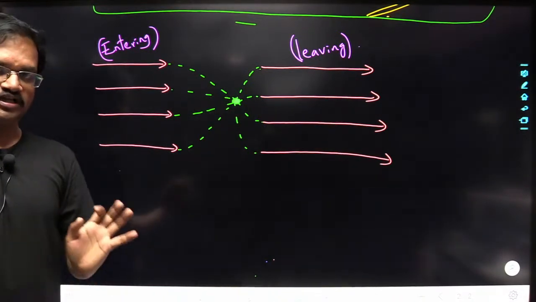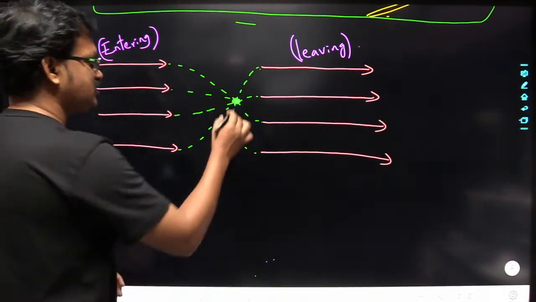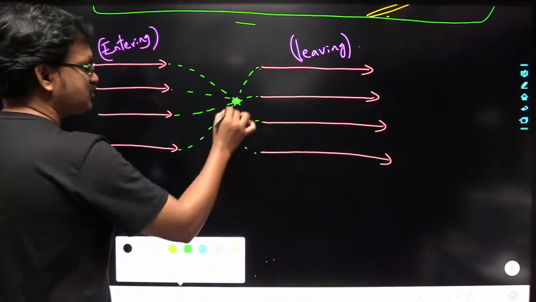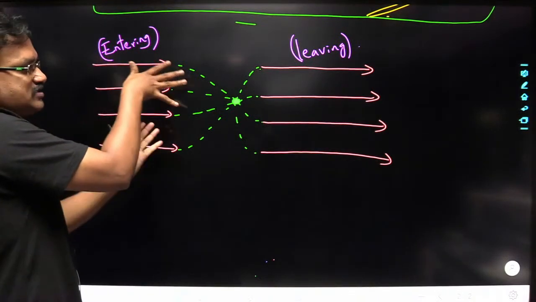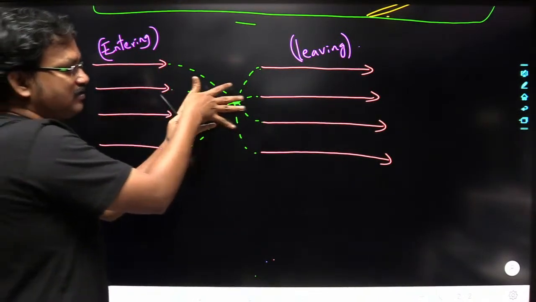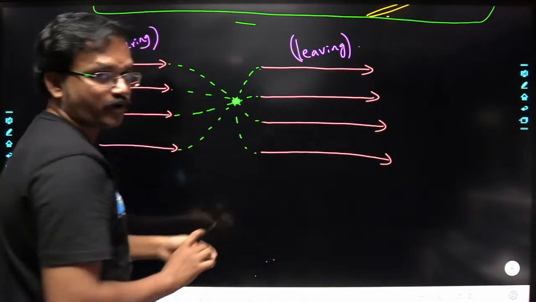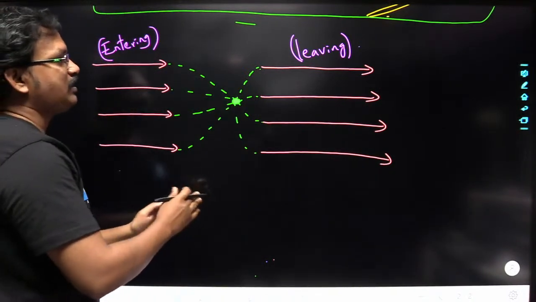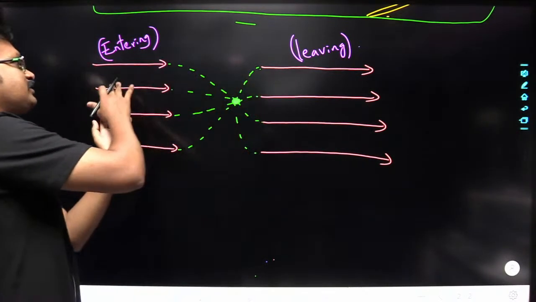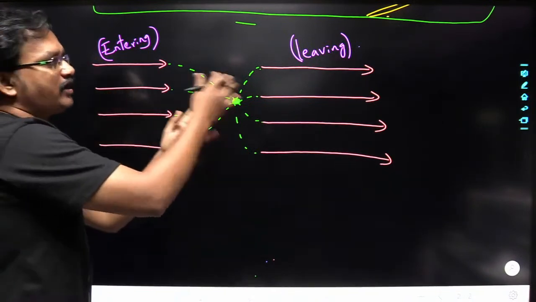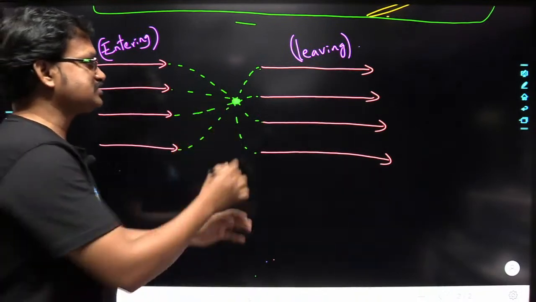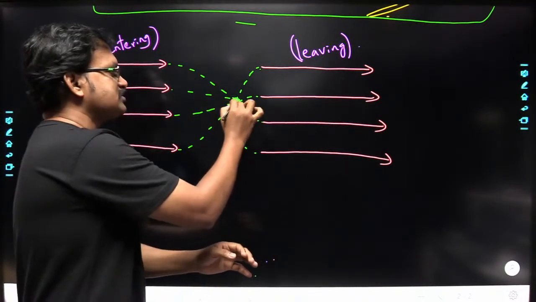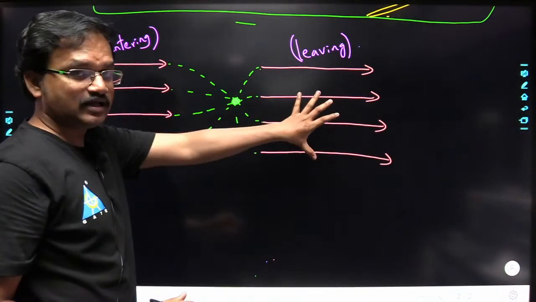Now if you observe this point, this is the field that is entering towards this point, and this is the field that is leaving from it. Tell me whether the leaving field is greater than the entering field, or less than, or equal to it. The field that is leaving from this point is greater when compared to what?